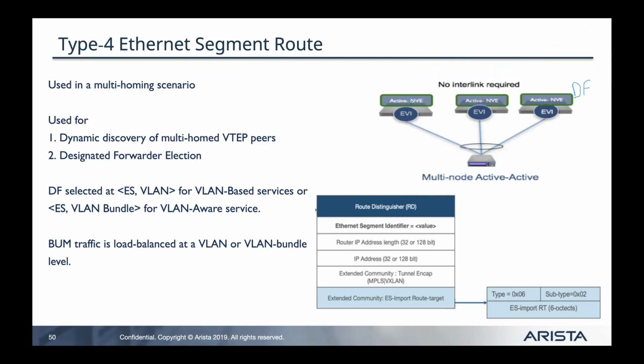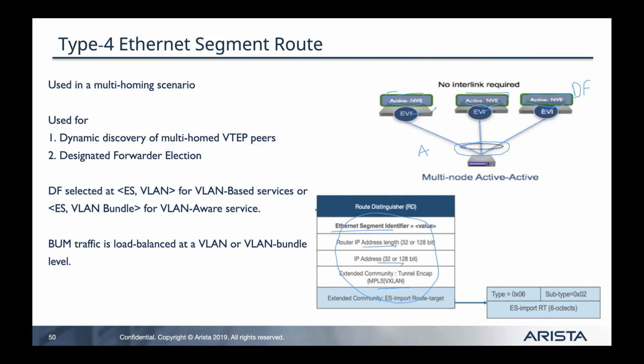So out of these 3 VTEPs, as we know, they exchange type 4 routes where they exchange all this information. So they know that there are 3 VTEPs in the network which are connected to a common Ethernet segment, Ethernet segment A. Based on this information update message, they will decide which one out of the 3 of us will be the designated forwarder, only one.